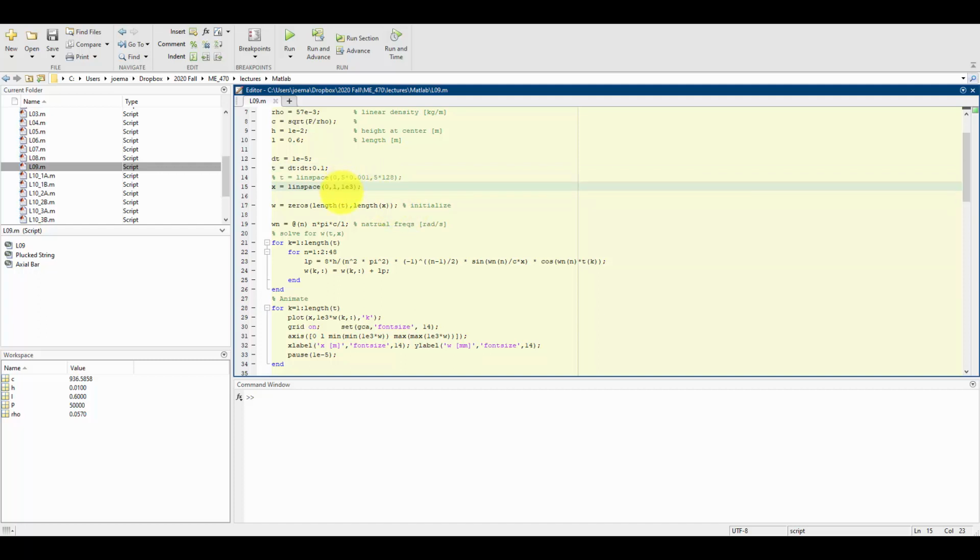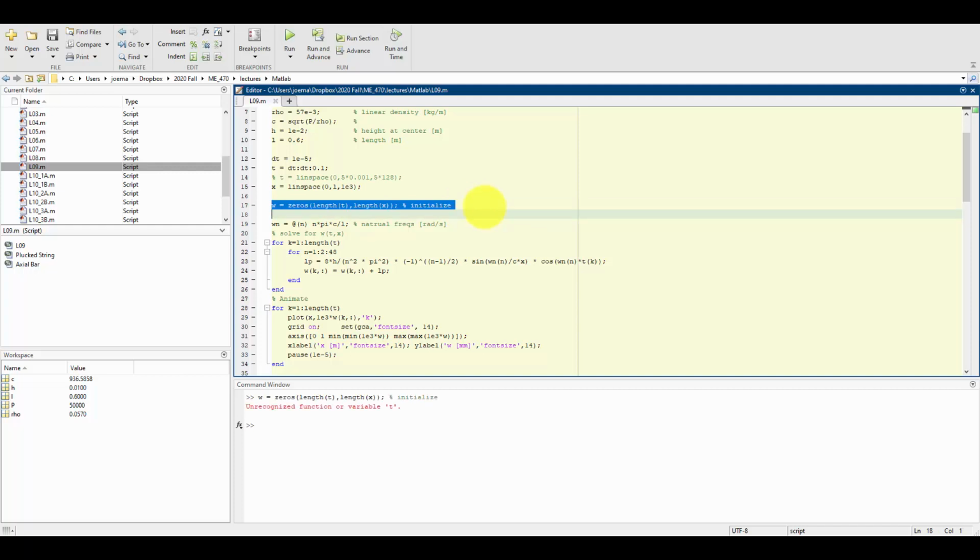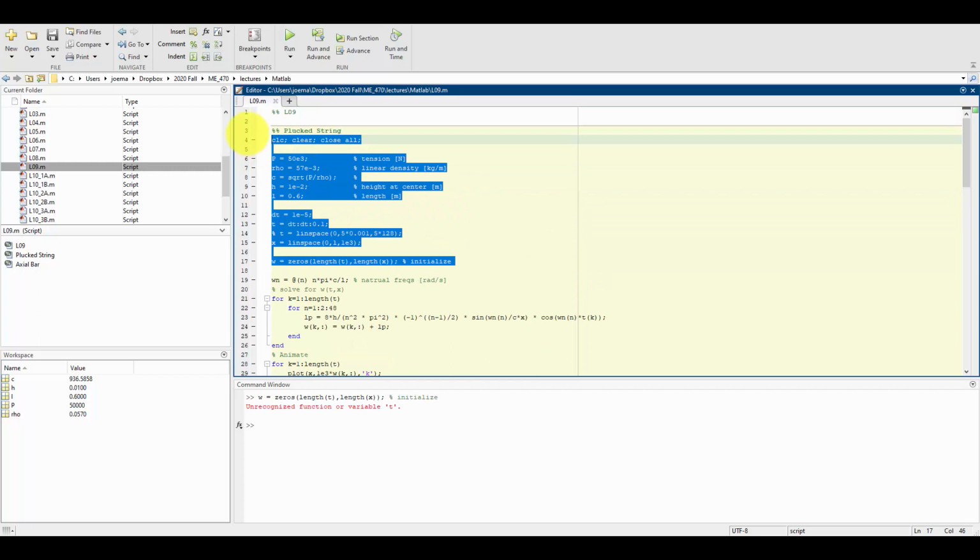Now I'm going to make my W function here, and I'm going to make it a matrix because I want every column of it to be a space. So the x values are the columns of W, and the rows of W are going to be the timestamps, because W is a function of both space and time. So I do want to pre-allocate it here. I'm initializing it, and I do need to run everything up to that point.